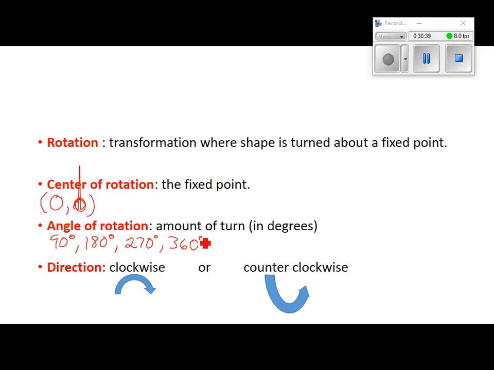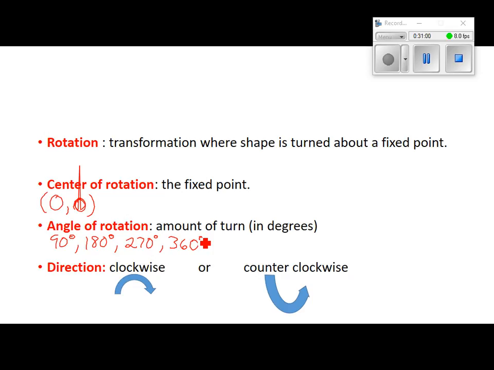The reason we don't do a whole lot with it: if I'm standing here and I want to turn 90 degrees clockwise, going around the clock this way, that's a 90 degree clockwise turn.